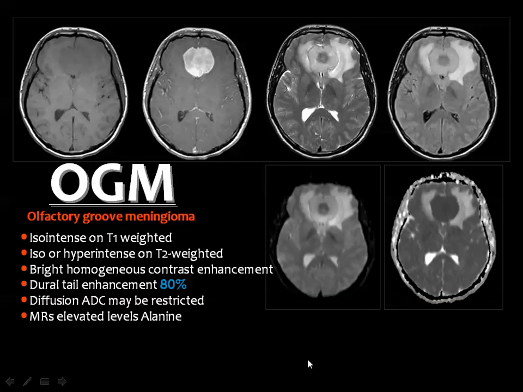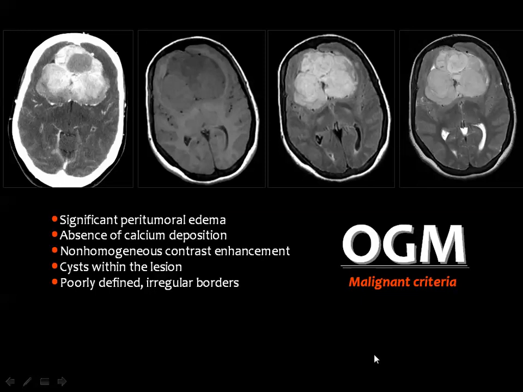It appears isointense in the T1 weighted image, iso or hyperintense in the T2 weighted images, with dural tail, restricted diffusion, and the MRS will show the characteristic peak of alanine, as I have mentioned in the lecture of MR spectroscopy. Then perilesional edema is variable around the meningioma and is not a landmark for aggressiveness.